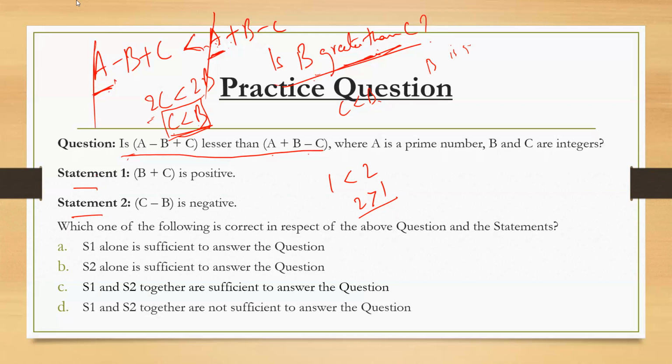B, okay. Shall we find? Dushyant, fine. Abhishek, fine.